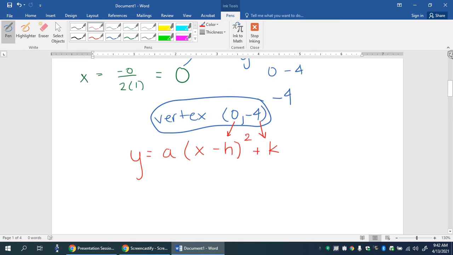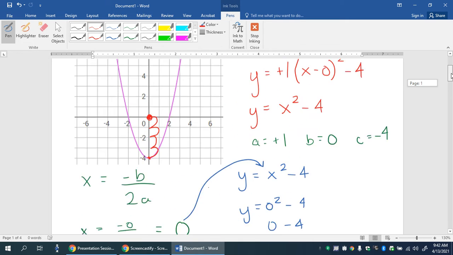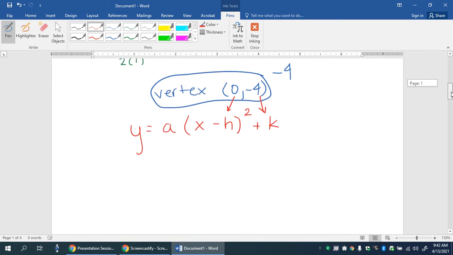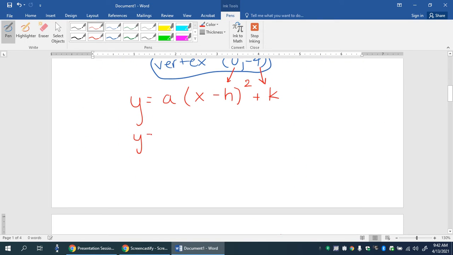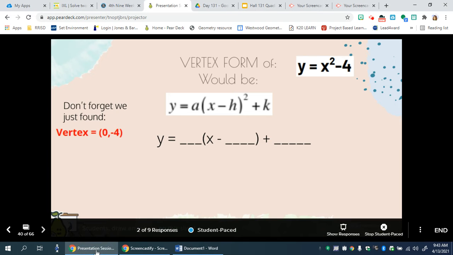A, as we said before, is just positive 1. It's up here somewhere. Yep, positive 1 right there. So y equals positive 1. X stays. H is 0 squared, and k is -4. So this is vertex form.